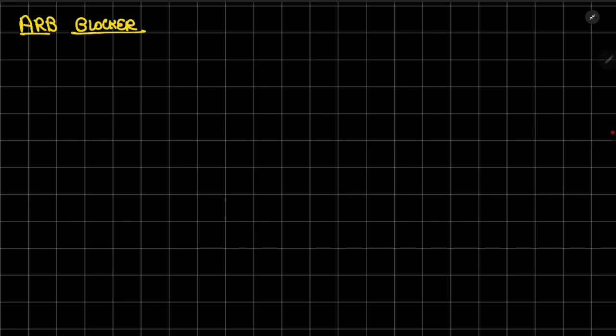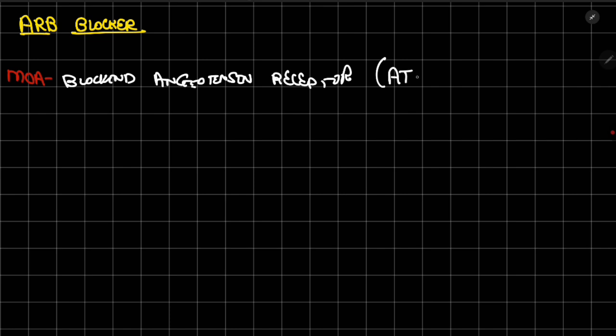What does ARB blocker do? The mechanism of action of ARB blocker: blocking the angiotensin receptor, and to be specific, the angiotensin 1 receptor.